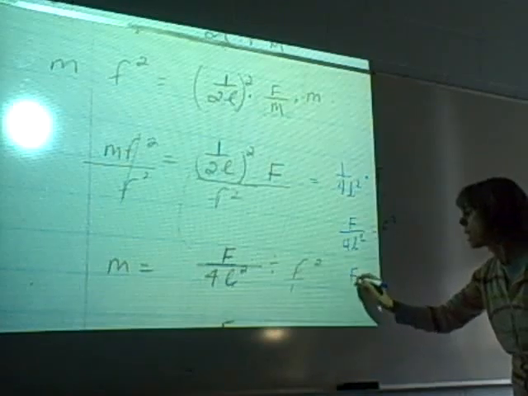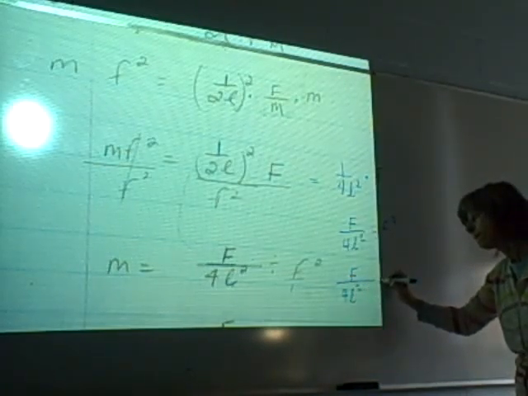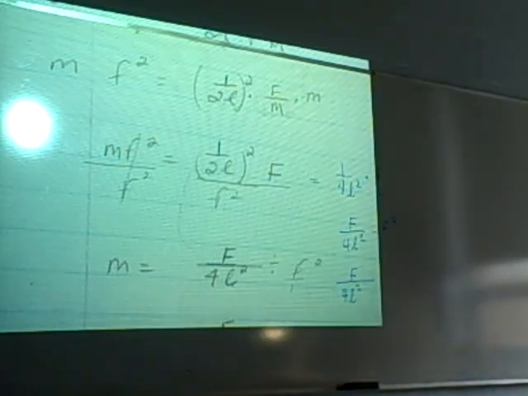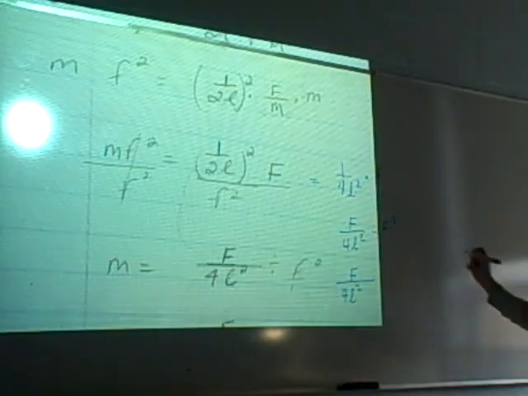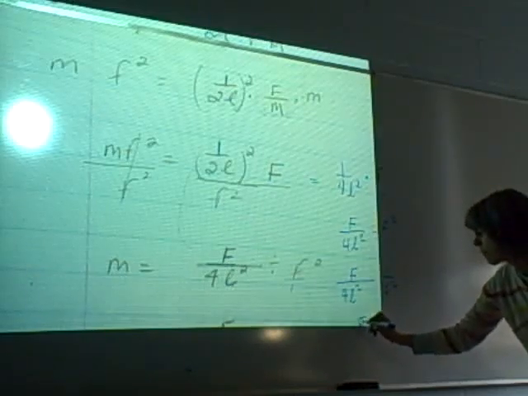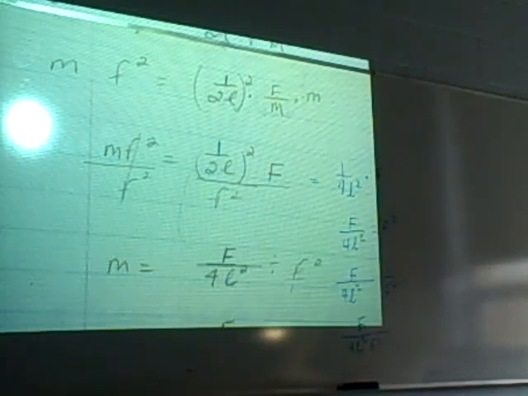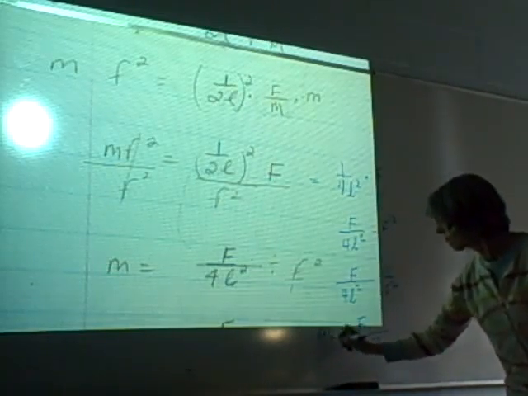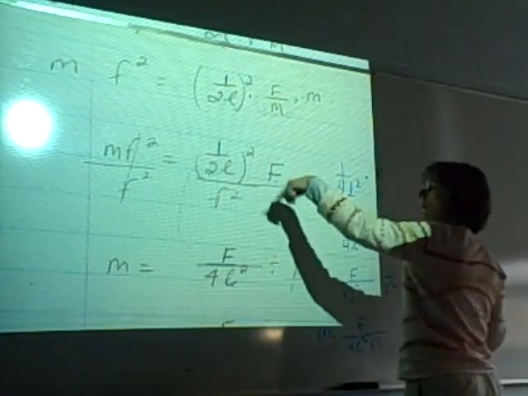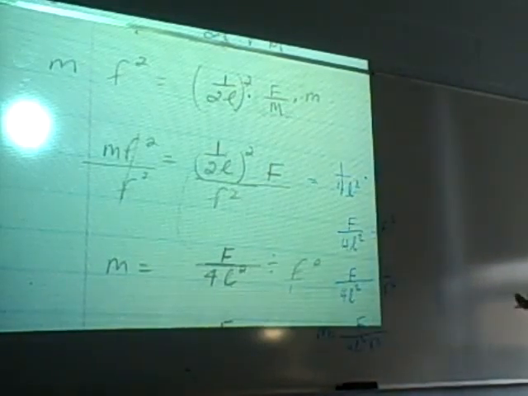And what happens when I divide? I need to use the reciprocal. So it's f over 4l squared f squared? Yeah, right. Now you got what I got. Okay, this is how I had it, and this was just simplified further.